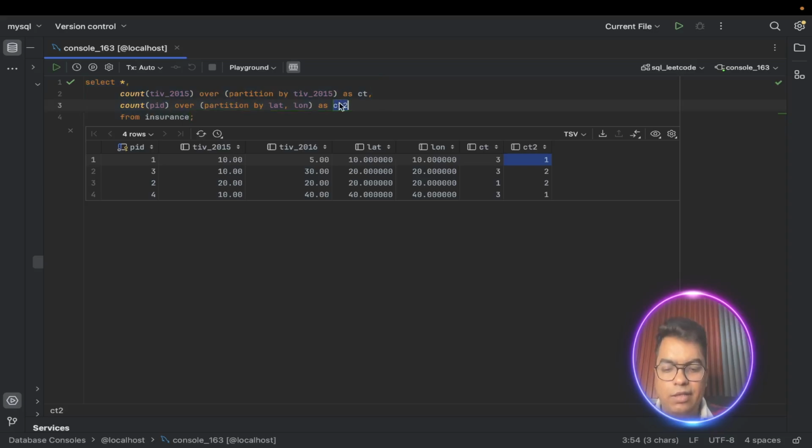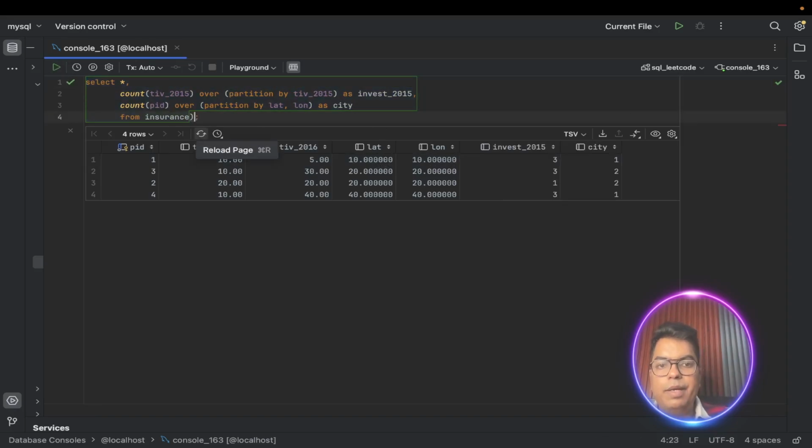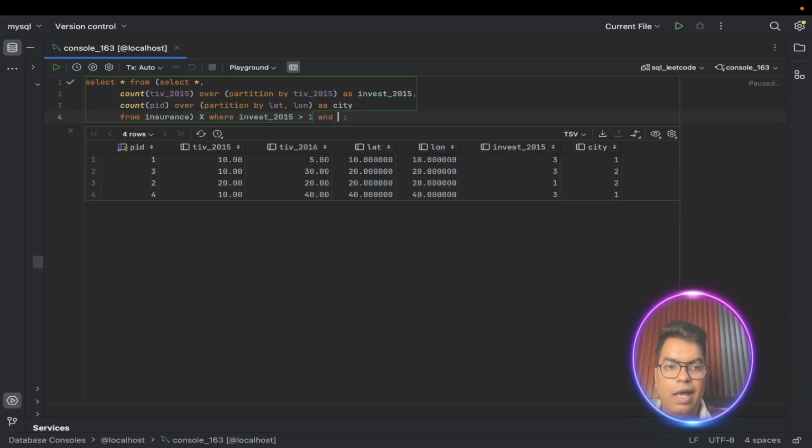So we could say this is like city, and this is investment in 2015. These are the two columns. Now this is going to be my derived table X. Select star from this, of course, where investment 2015 has to be greater than 1 and city has to be equal to 1 only, because if it is greater than 1, then more than one policy holder is living in the same city.